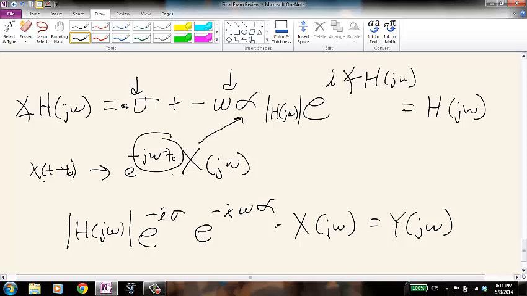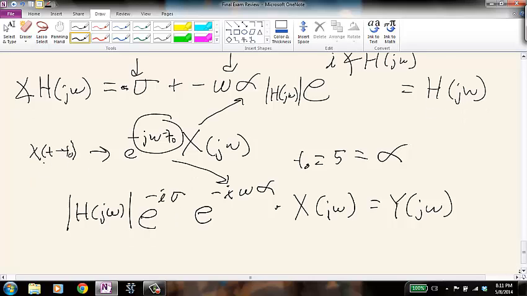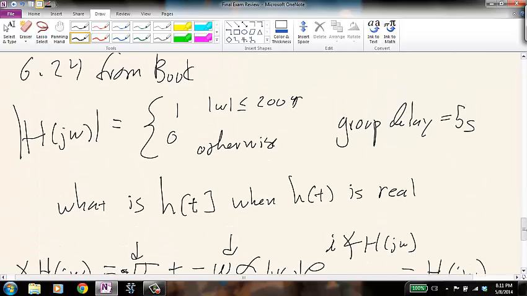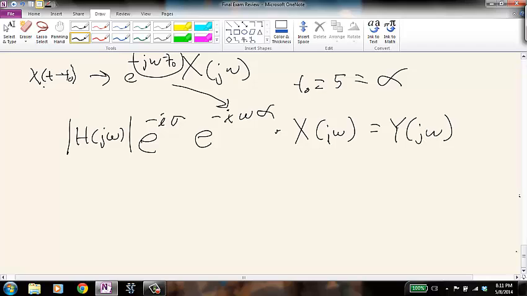So clearly here, T naught is alpha. So T naught equals 5 equals alpha. And because it's a rect, it will go to a sinc. So we will get h of t equals, right, this is a constant. It doesn't depend on the frequency, right?